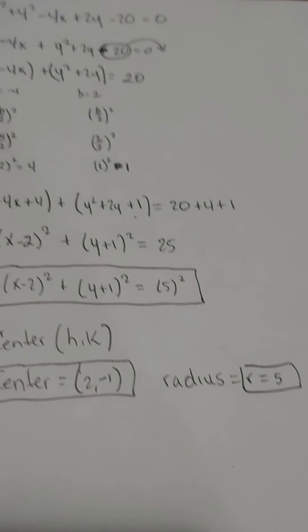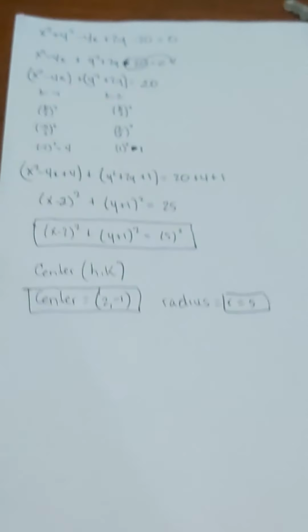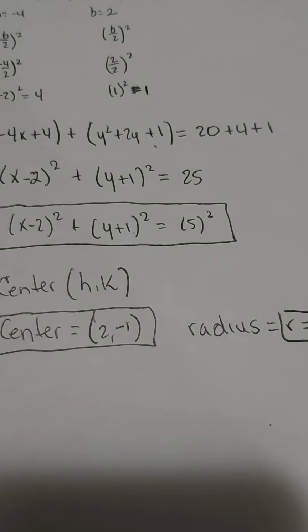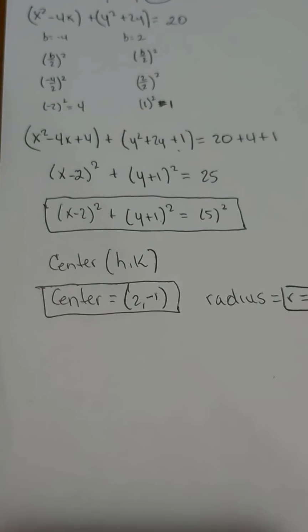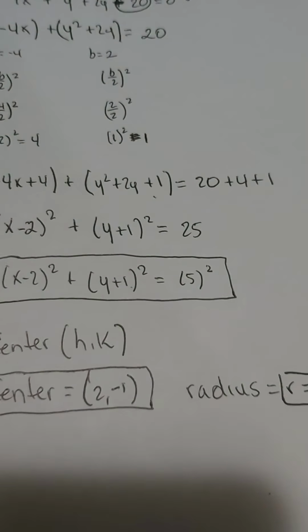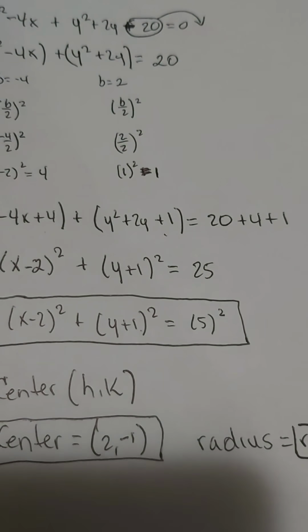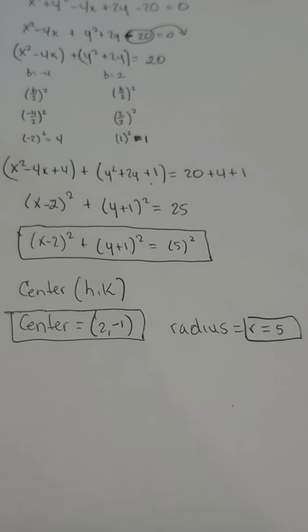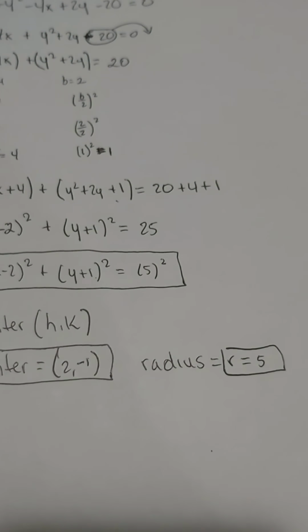And that's the equation in a standard form of a circle that passes through 3 points, (5, 3), (-2, 2), and (-1, -5). And then we identify the center and the radius.